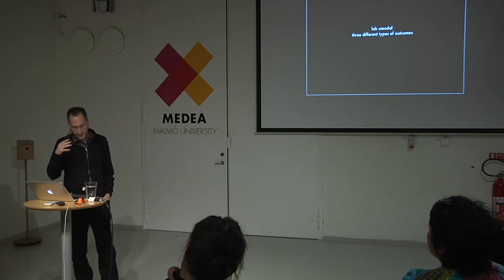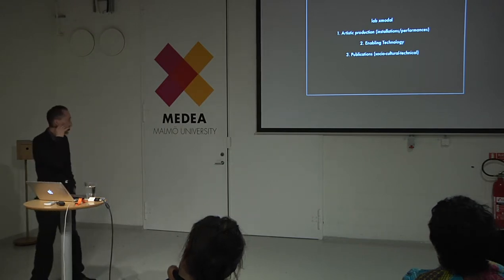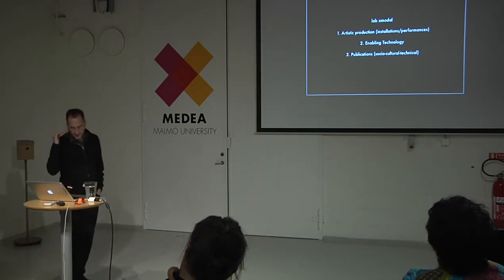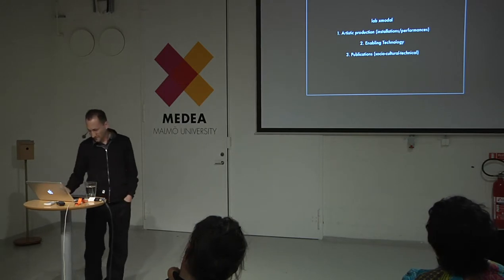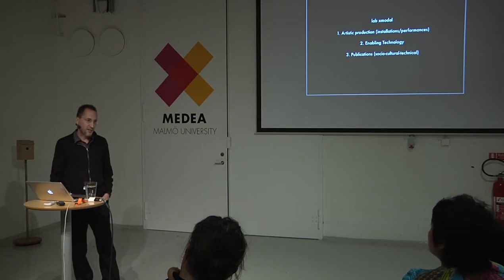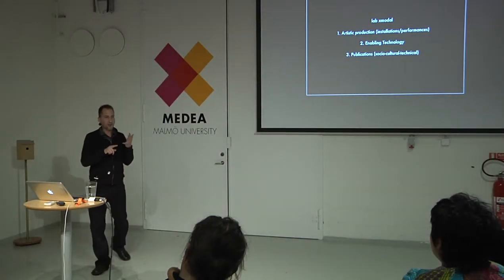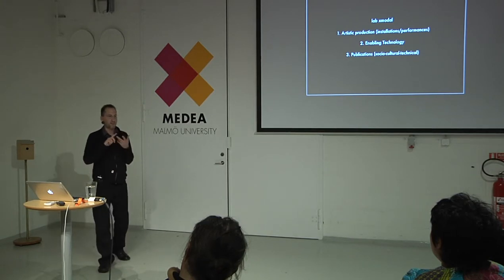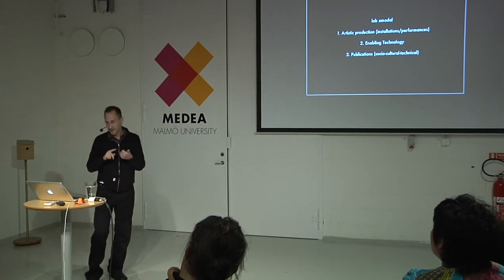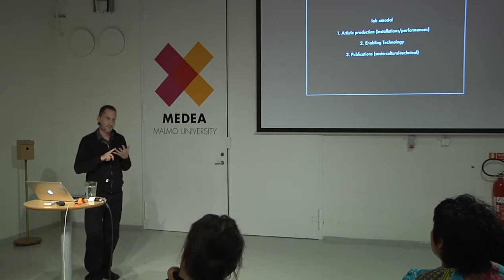So we have three kinds of things we do. We make works that tour around the world. We make enabling technologies, and then we publish critical studies about those things. I have PhD students that come from anthropology, sociology, engineering, food studies, art, design, architecture, computer music.